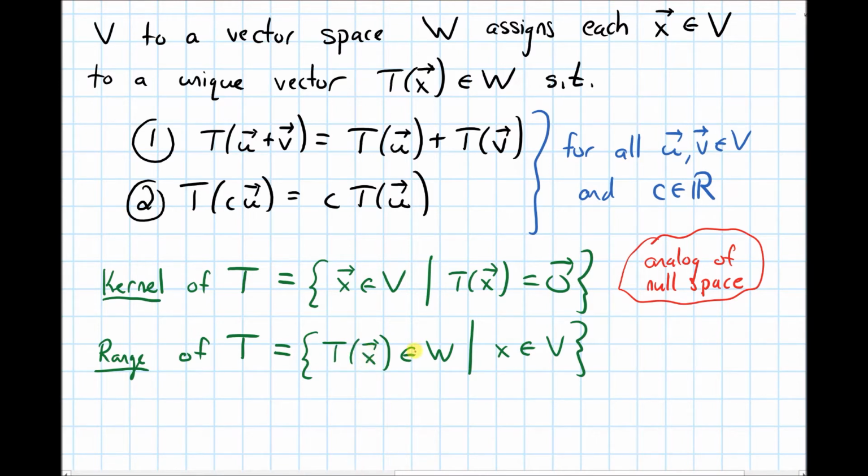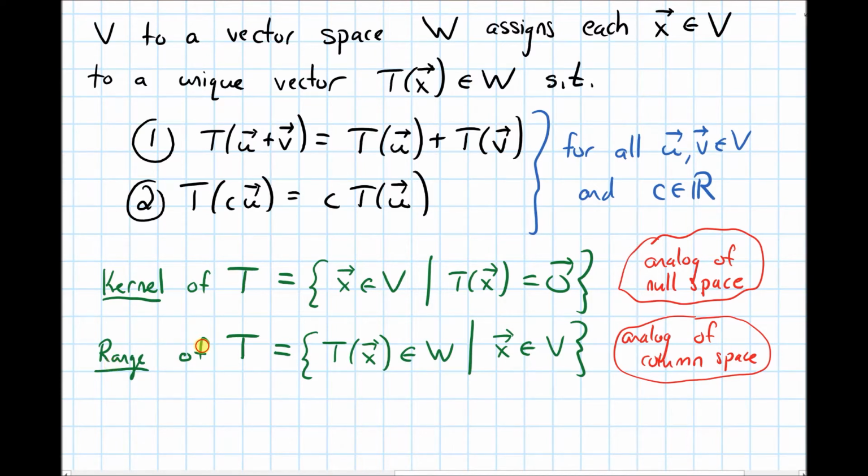The range is the analog of the column space. In fact, in the last video, when we talked about the column space, one of the things we noted was that the column space was the same as the range of a transformation.